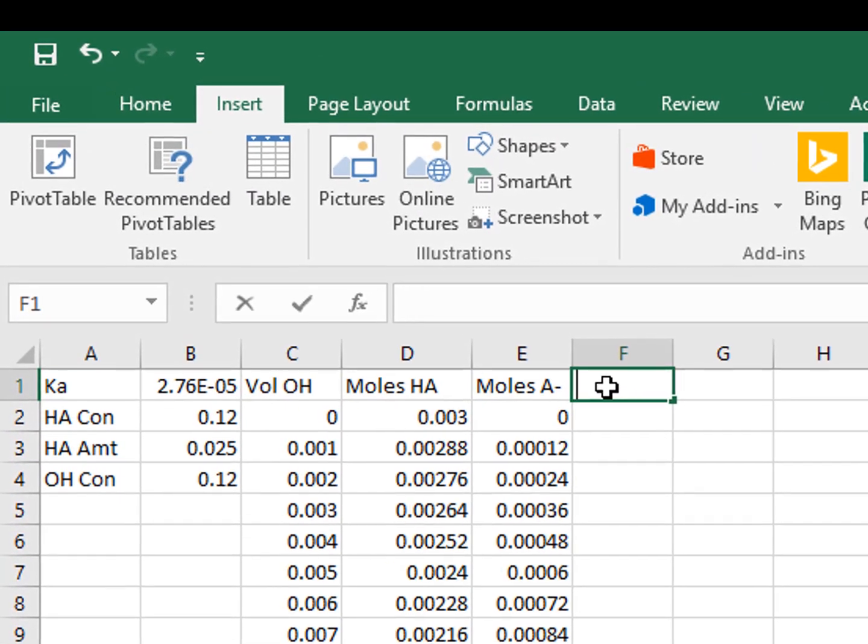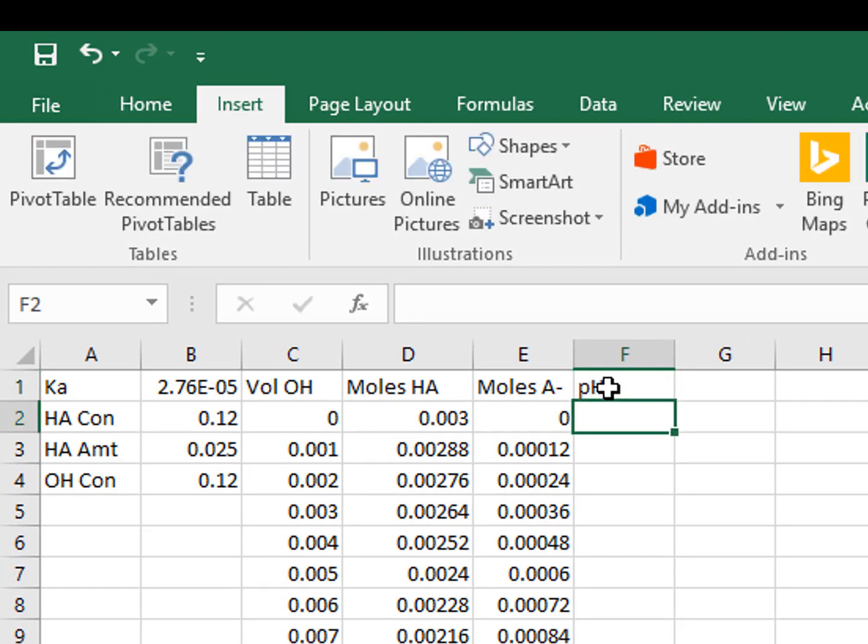So we're going to get the pH in a few different steps here, and the first step to get pH is the initial pH of a solution that has this concentration of an acid and this Ka. That is going to be equal to a formula. Hopefully, it's a formula that you've worked with before.